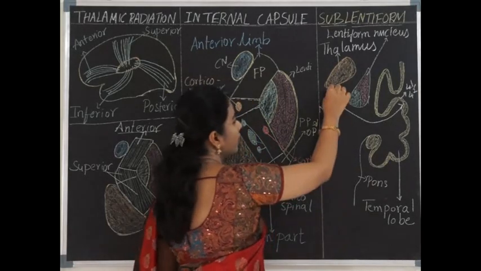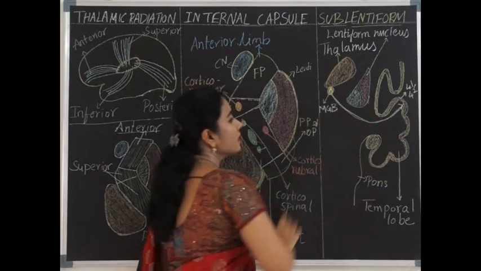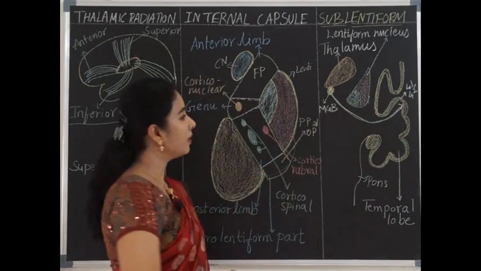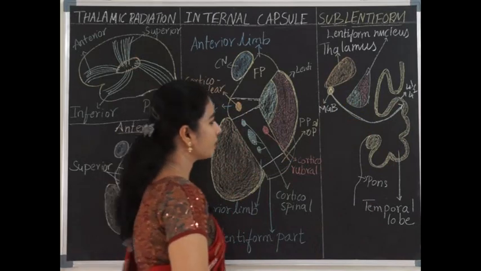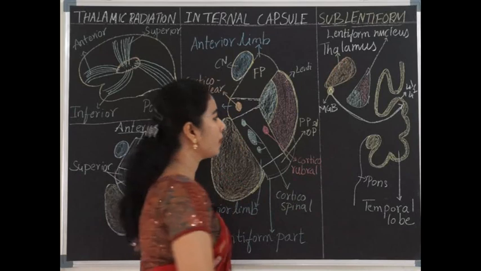This is the inferior thalamic radiation, which forms part of the sublentiform part of the internal capsule. Let's see the other fibers present in the sublentiform part.